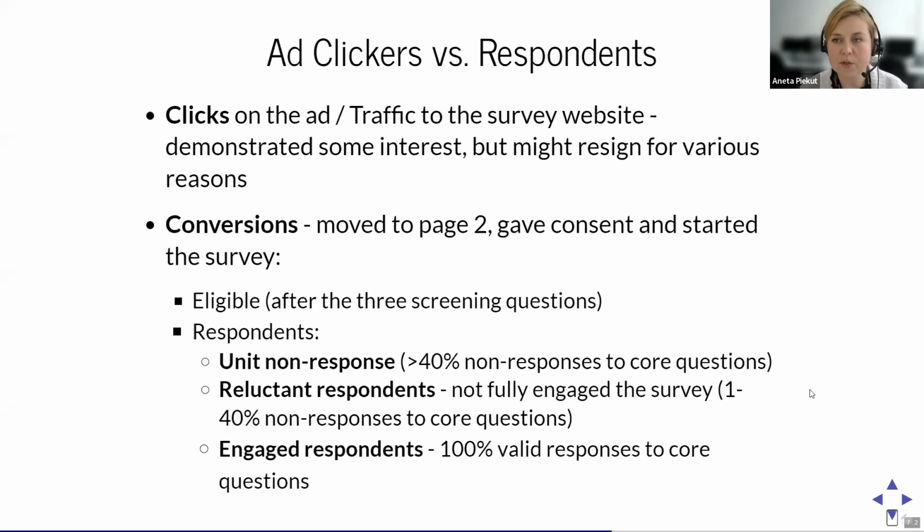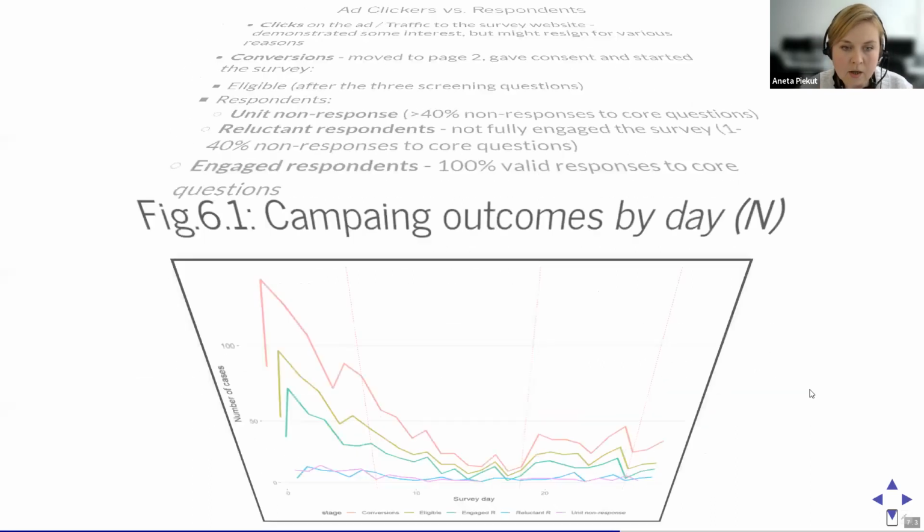Unit non-response, so these were people who didn't respond to at least 60% of the questions. People who we can call a little bit more reluctant respondents, who didn't respond to between 1% and 40% of the core questions. By core questions I mean questions that were asked to everybody in the survey. And then the ideal respondents who answered all questions.